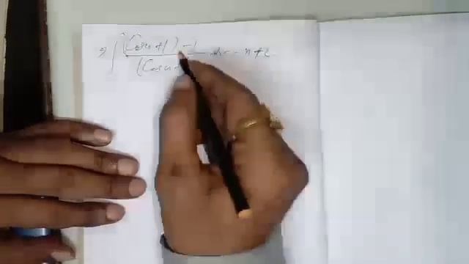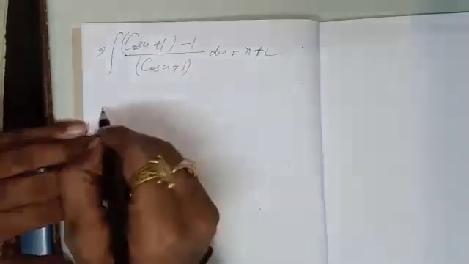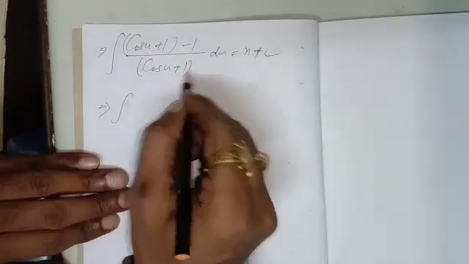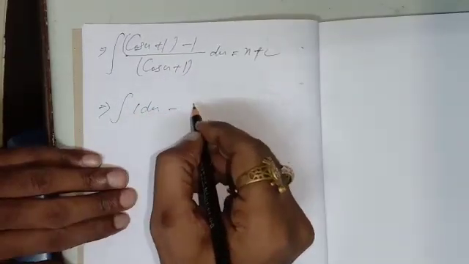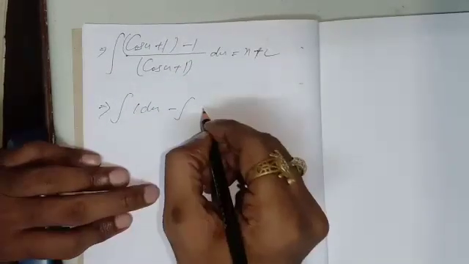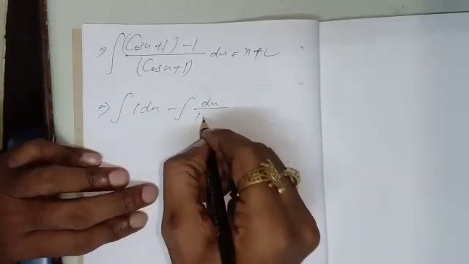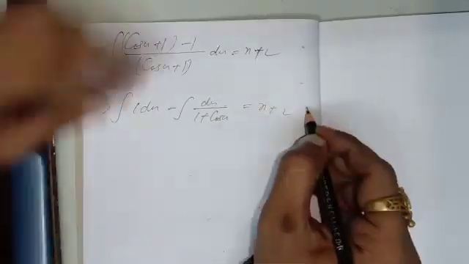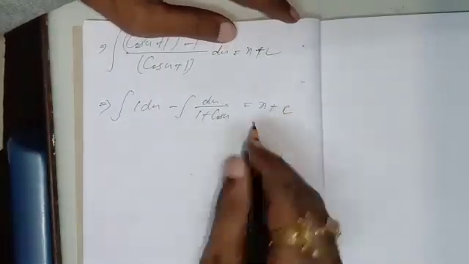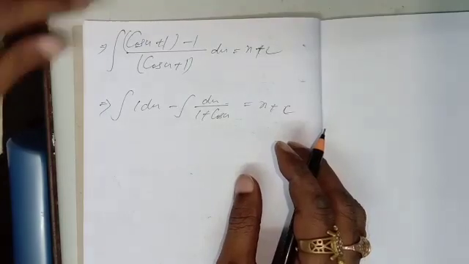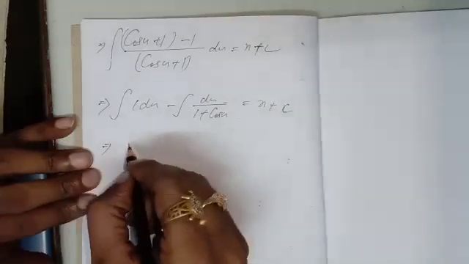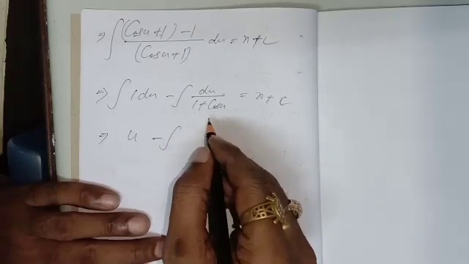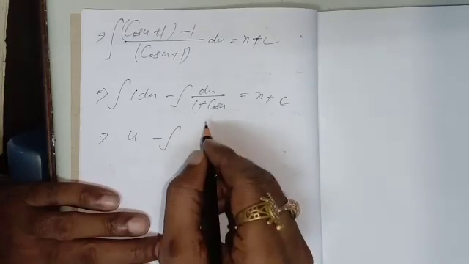Here I have added 1 and subtracted 1 in the numerator. Then you separate the fraction. This will be integration of 1 du minus integration du by (1 plus cos u), and this side is x plus c. What is the result? 1 du means u minus, see, 1 plus cos u means 2 cos square (u by 2).